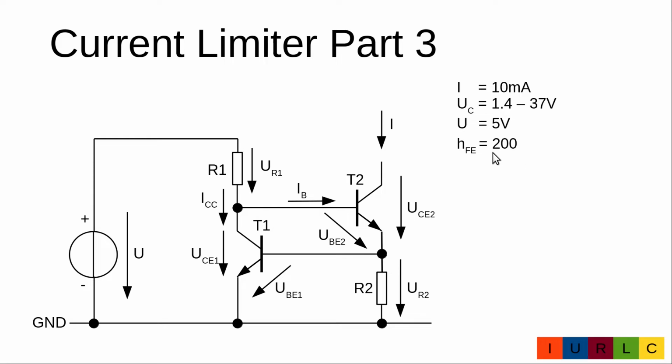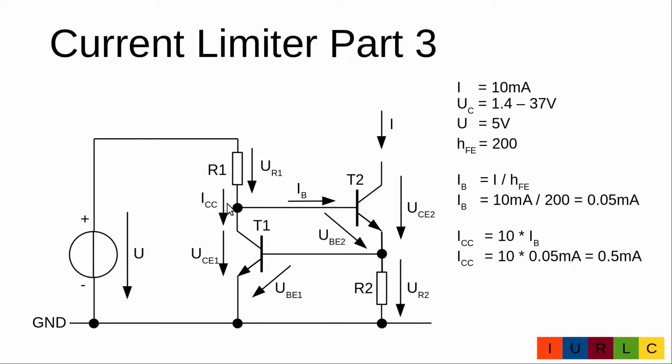And from the datasheet we know that the minimum current amplification is 200. The base current for T2 is the current divided by the amplification factor. It's 10 milliamp divided by 200 is 0.05 milliamp.